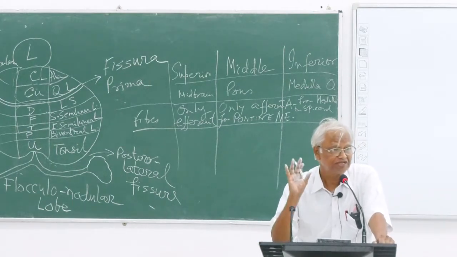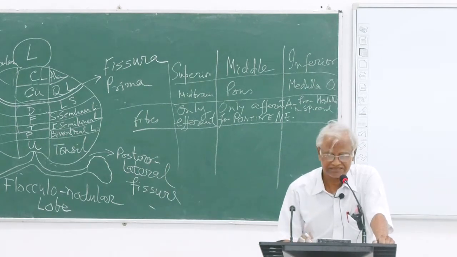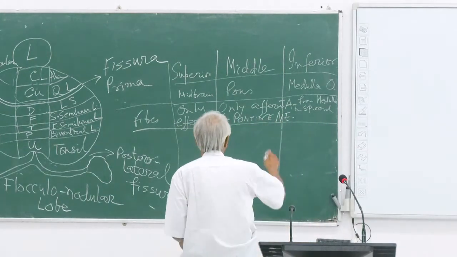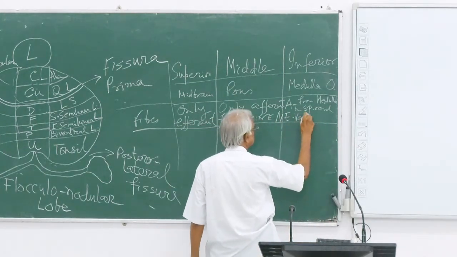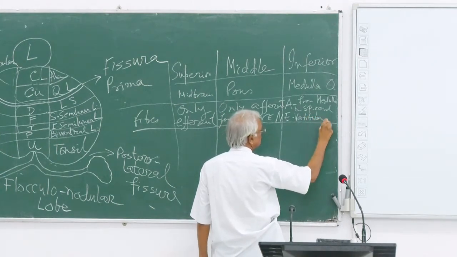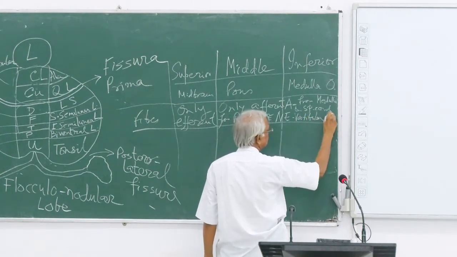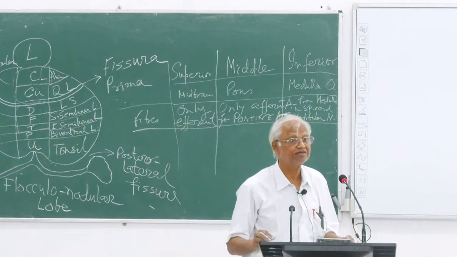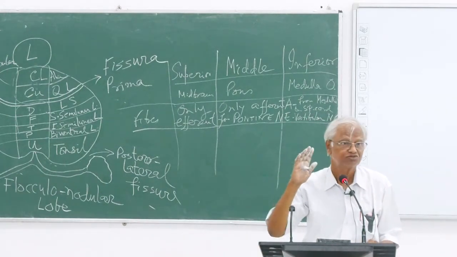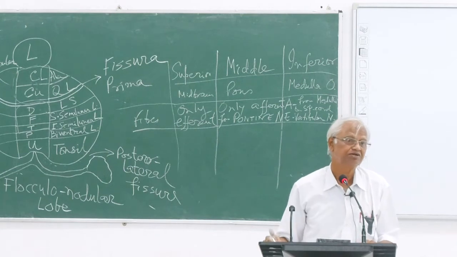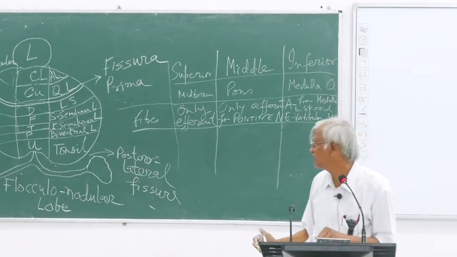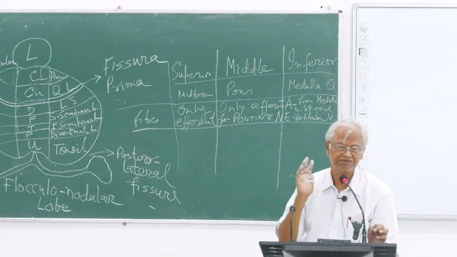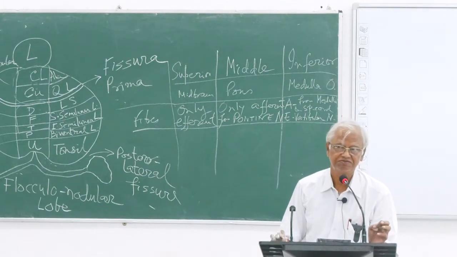Afferent coming from various nuclei in the medulla oblongata and spinal cord, and efferent to the vestibular nuclei. In the medulla there is a nucleus which gets impulses from the vestibular apparatus, the vestibular nuclei in the medulla oblongata, so that the vestibular activities are modified.